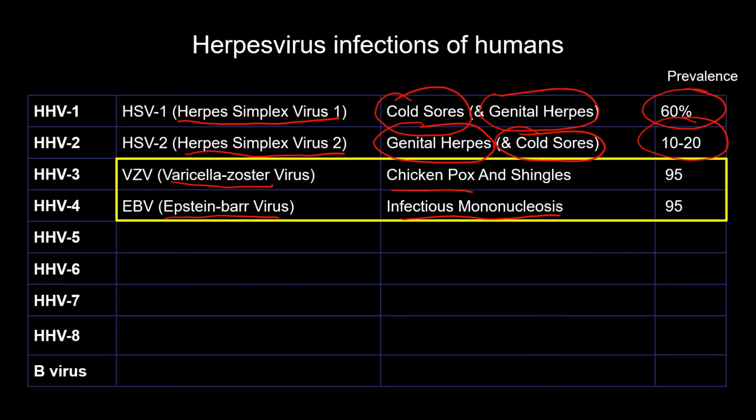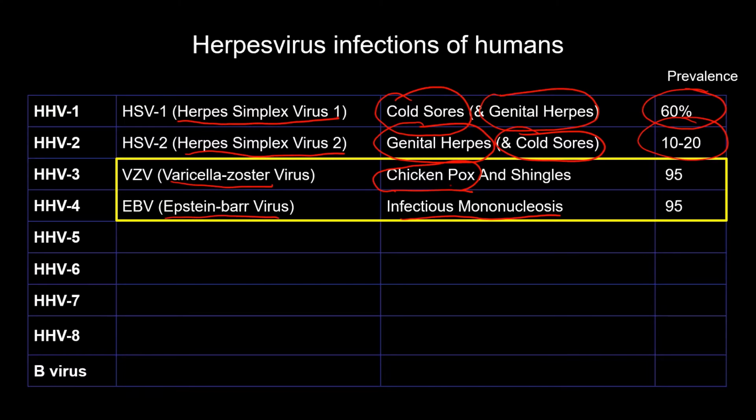The chickenpox virus is interesting, because it used to be a rite of passage. 95% of us would get it by the time we were 10 years old. Nowadays, most of you are young enough that you probably had the vaccine and will probably never get chickenpox. Infectious mononucleosis is the same thing, a rite of passage. Usually by the time you're 30, you've had a 95% chance of getting it.